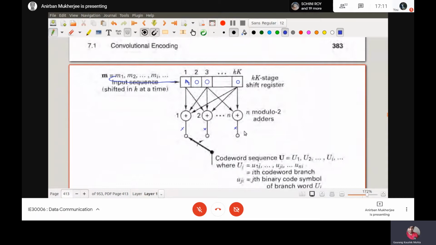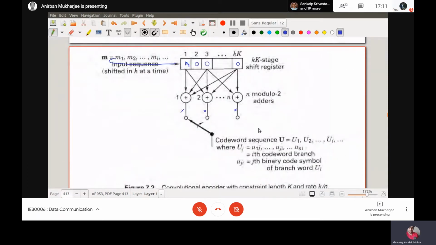So if I just switch it, then what will I get? As there are n number of outputs, U1i to Uni. That means U1i, U2i, U3i, Uni kind of thing, for the ith one. That means you have Mi, so the ith one has gone. Say here it is M1, this is M2, that is Mi, and here it is Mi minus 1.